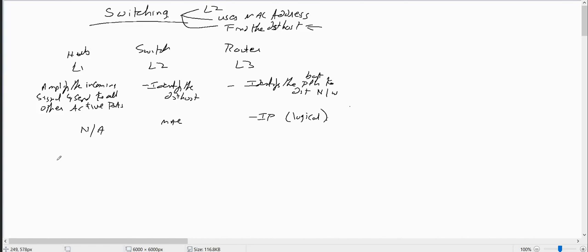What next? With regards to bandwidth, it is shared in a hub. So what do we mean by that? If I say I have a 10 Mbps 8-port hub, the total throughput I can have is 10 Mbps. That 10 Mbps is shared among all the ports. Whereas when it comes to a switch, the bandwidth is not shared.